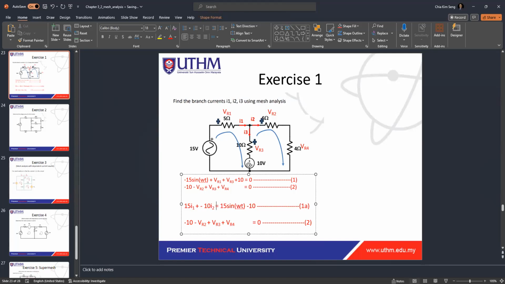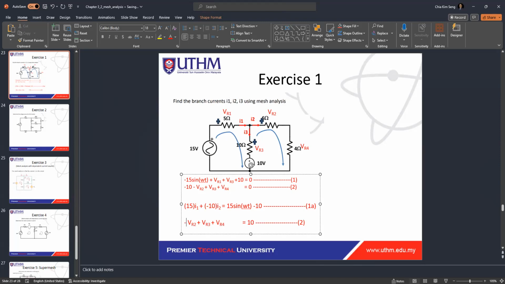Am I correct? Okay, so this is the first equation that you get. Please let me know if there's a typo. Okay, next equation. This is positive 10. We just move to the other side, we will get the positive 10.